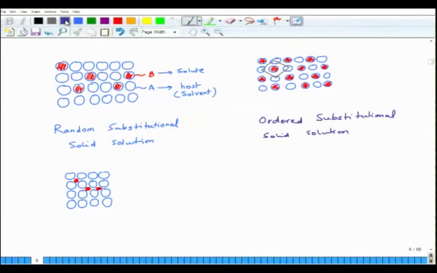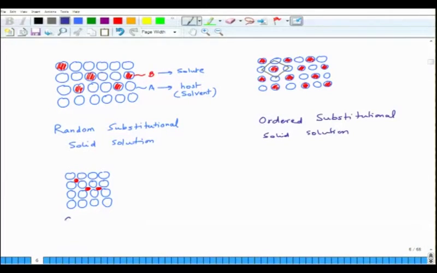Similarly, in substitutional solid solutions they do create stresses because the size of the atom is not going to be exactly similar. Whether it is a difference of 1%, 5% or 10% will determine eventually whether a solid solution will form or not. But if the solid solution does form, then there are stresses in the structure.